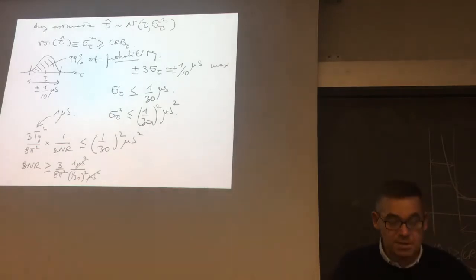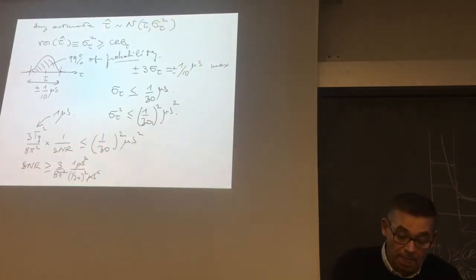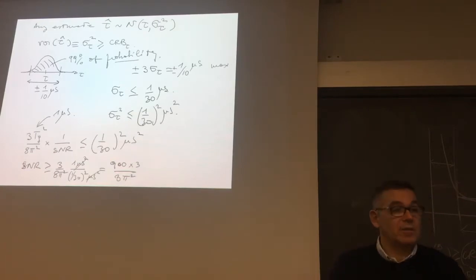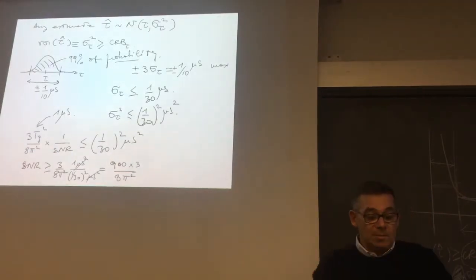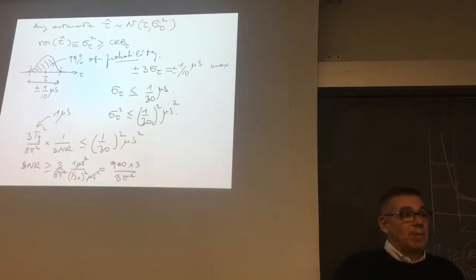So the units are the same. Which means it's 900 times 3 over 8 pi squared, whatever it comes out as. So the signal-to-noise ratio should be larger than that number.